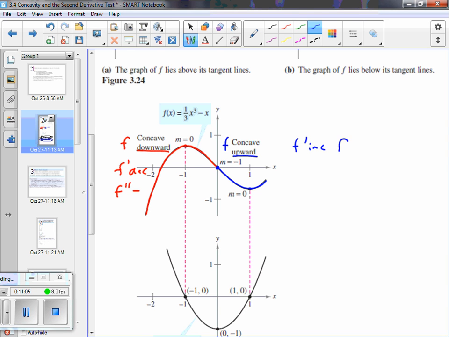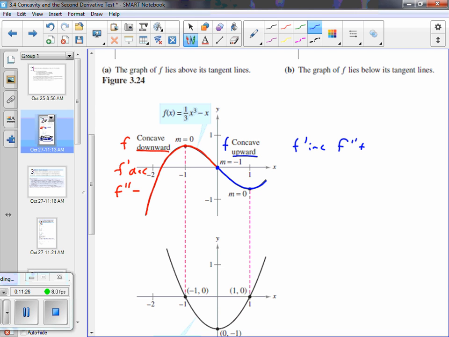And what's that tell us about F double prime? Positive. Okay? All right. By the way, that point there where the concavity changes is called a point of inflection. All right? Point of inflection.